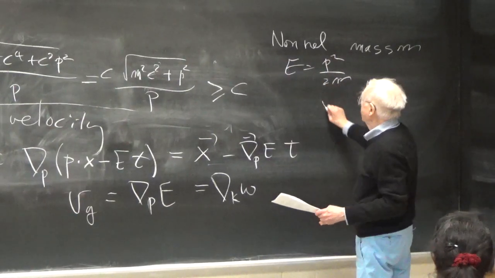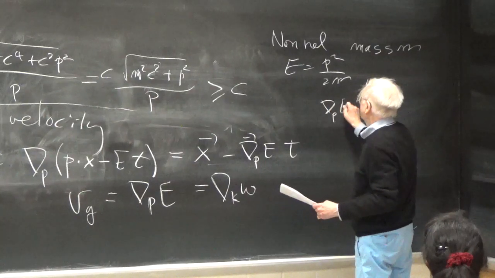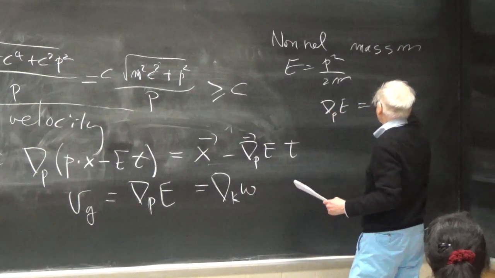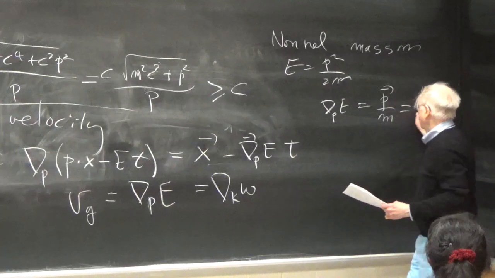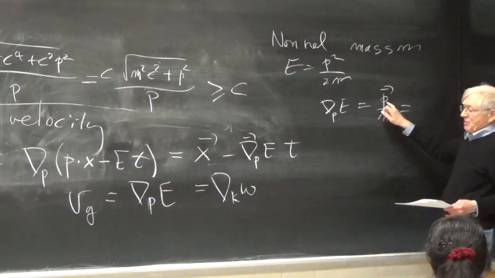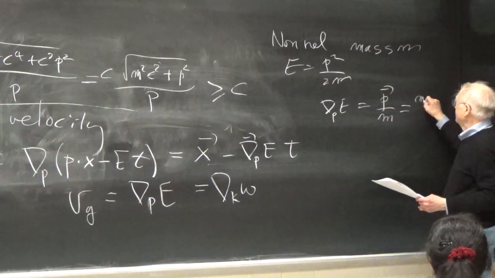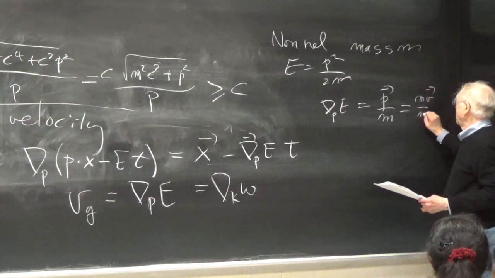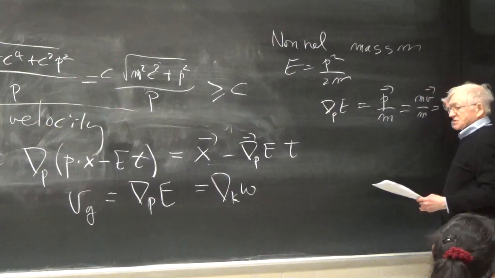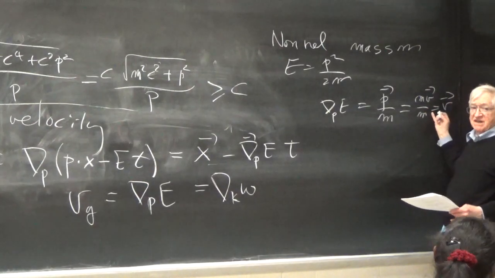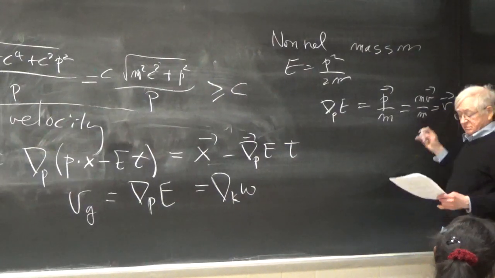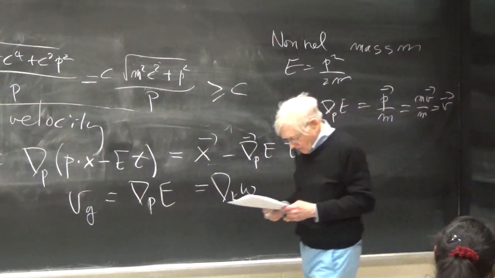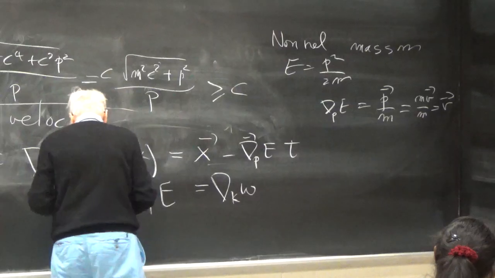The p gradient of E is just p over m, and non-relativistically p is mv. So this is what we associate with the normal velocity of the particle.